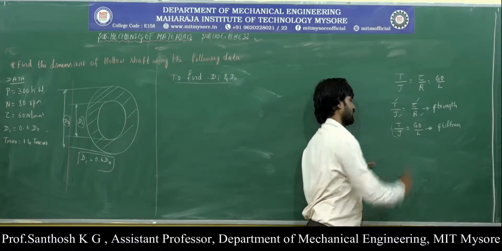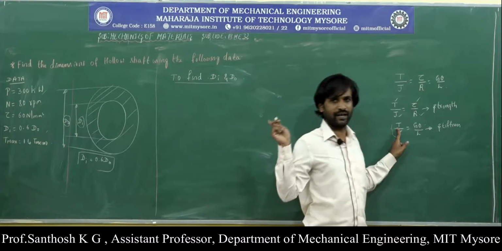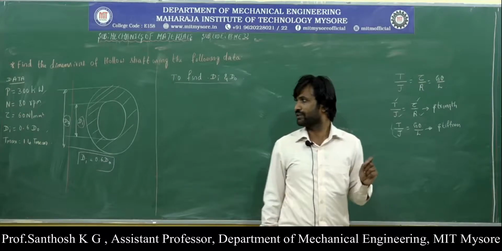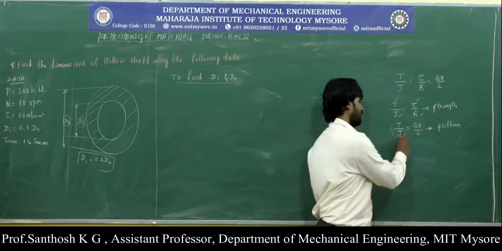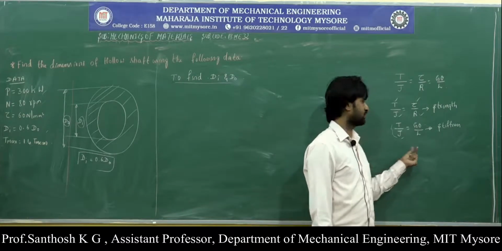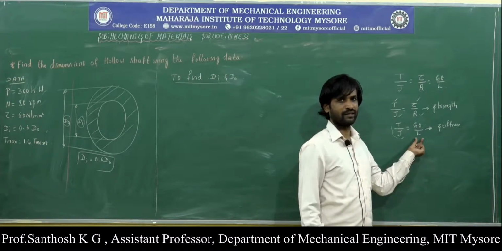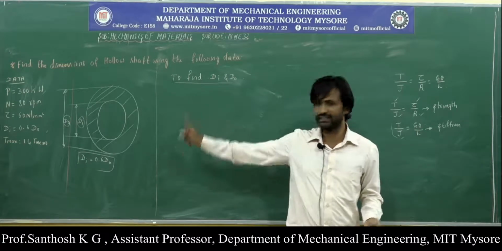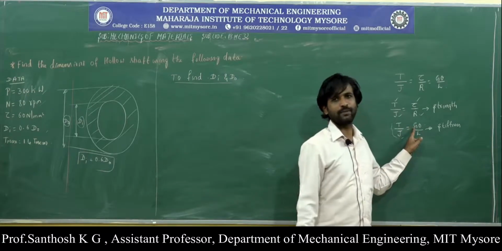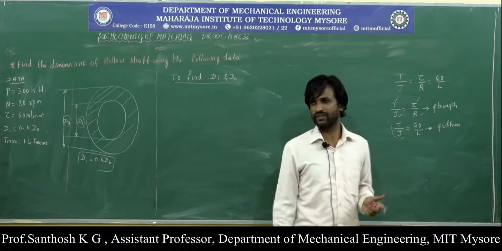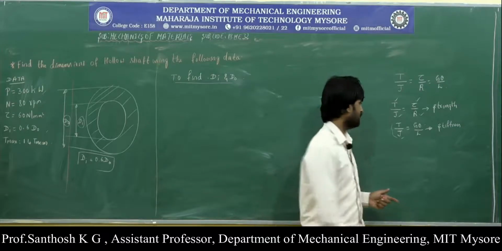And if I come to the second equation, T, as I told earlier, can be determined by knowing the value of P and N, and the value of J depends upon the dimensions of the shaft. L, the length, is not given, and also the value of G, the modulus of rigidity, is not stated, and theta, which represents the angle of twist, is also not given in the problem.